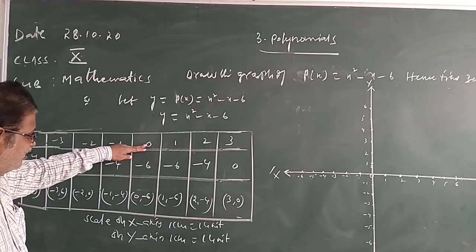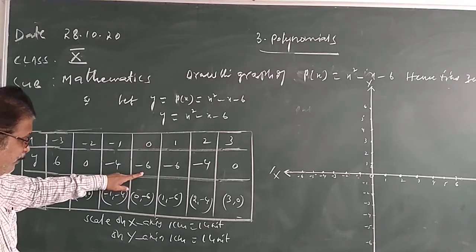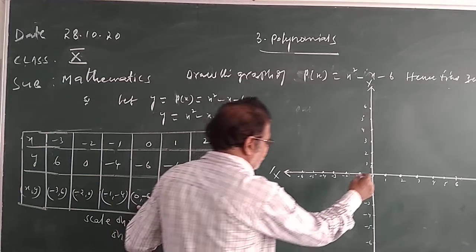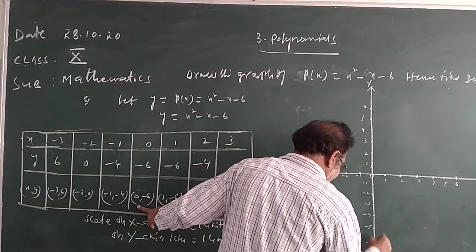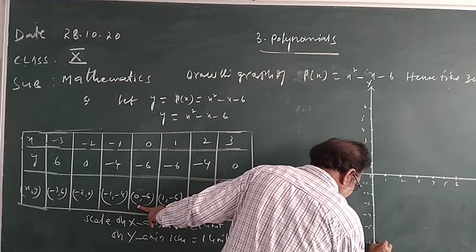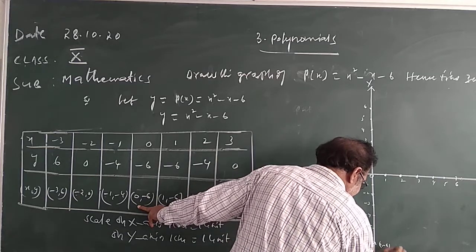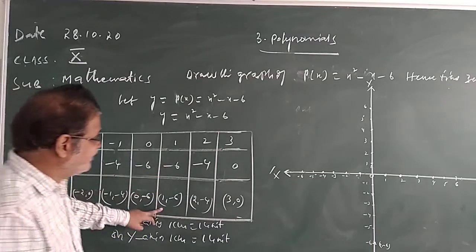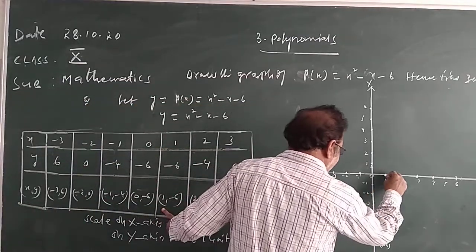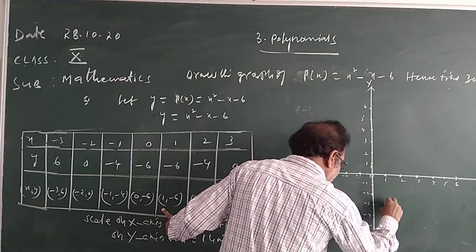First, x 0, y how much? Minus 6. Corresponding to 0, minus 6 is here. This is 0, minus 6. Then 1, minus 6.